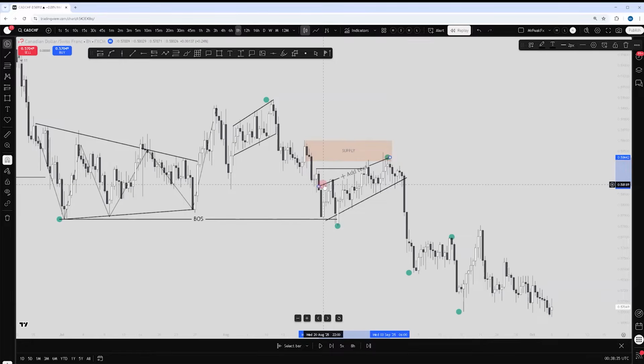If you look at this, you can see the dynamic support and resistance just obeying the channel until price got to the POI and then sold.